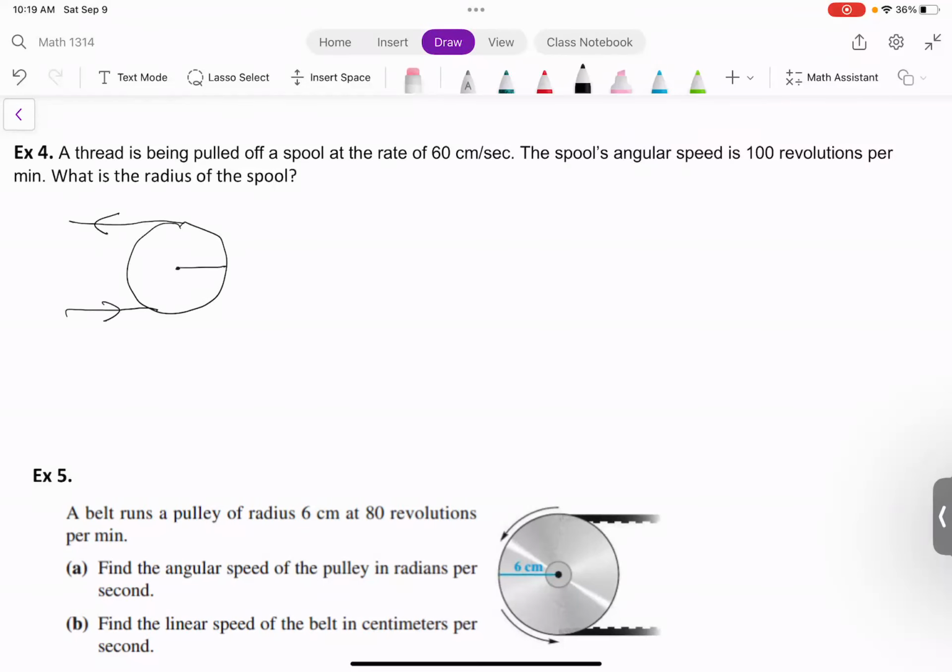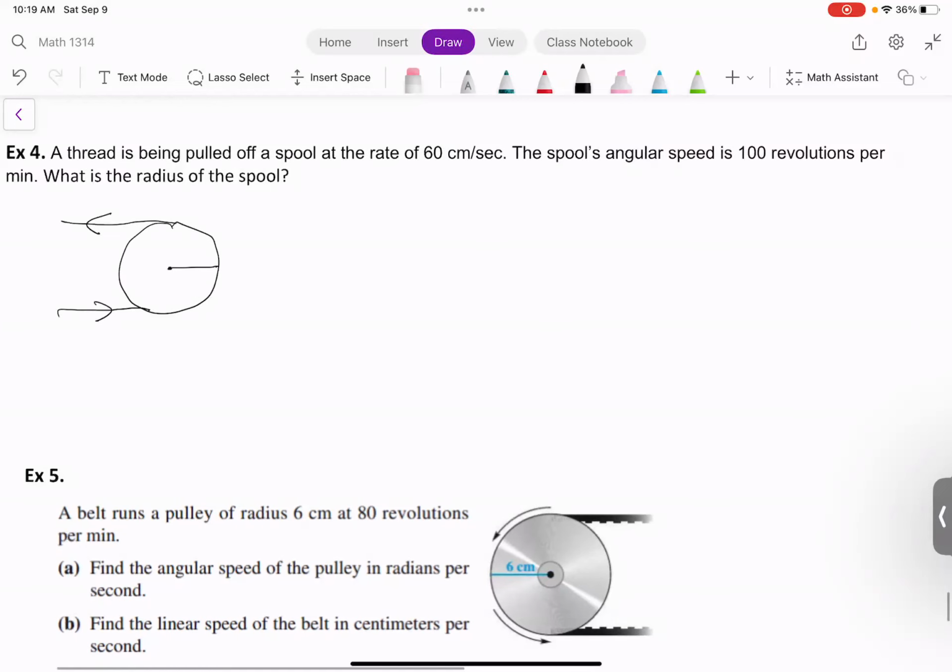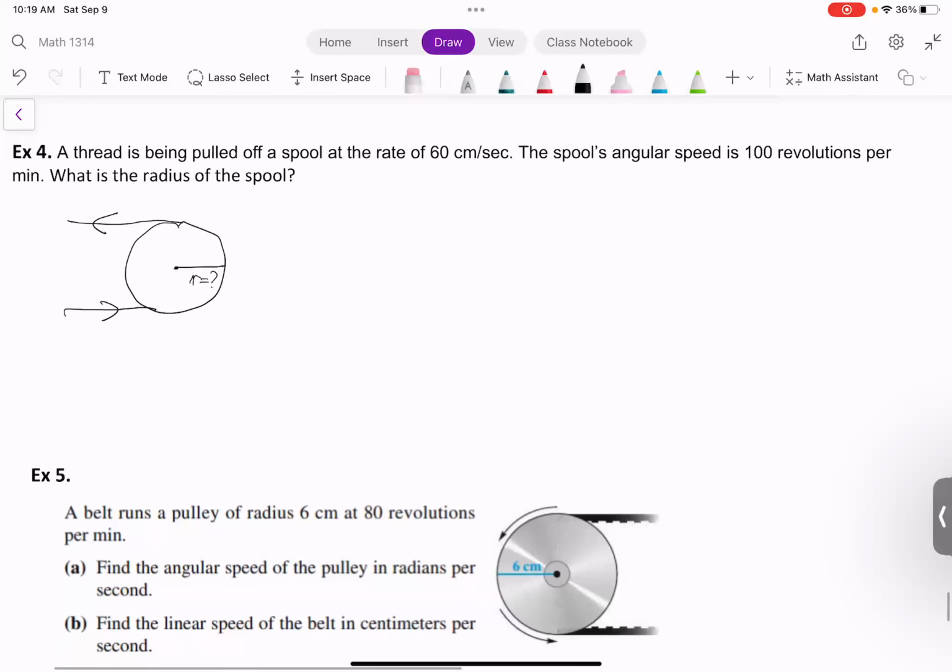This is the spool. The radius is not given, but it gave us the linear speed. If you see the unit here, centimeter per second, that must be the distance in centimeter divided by the time in second. So when I see the rate of this, that must be linear speed.